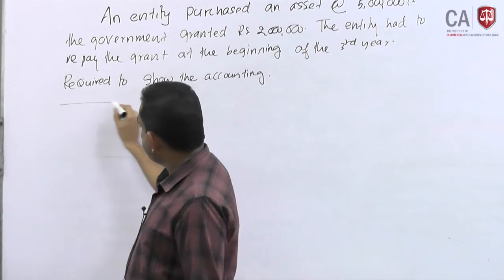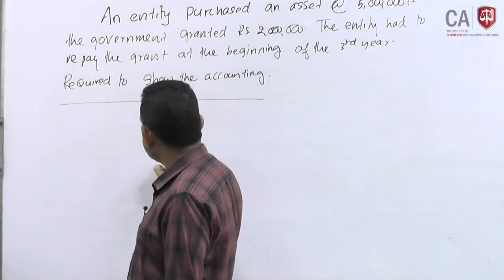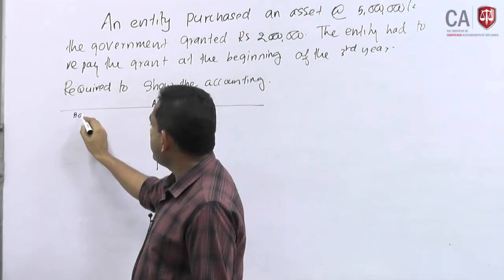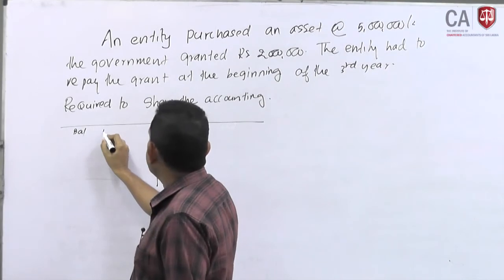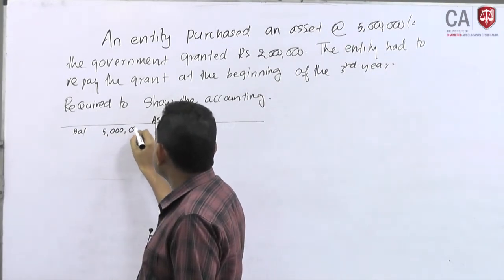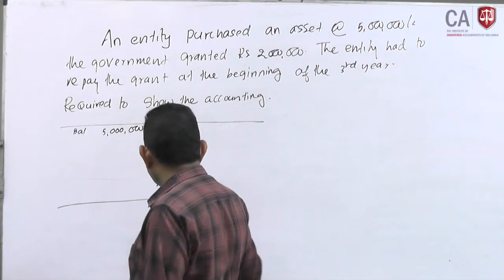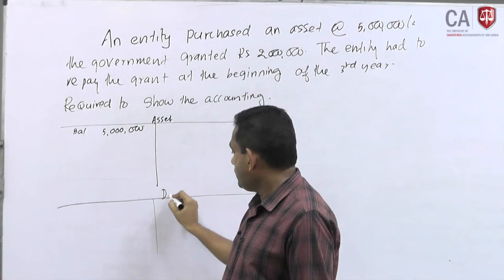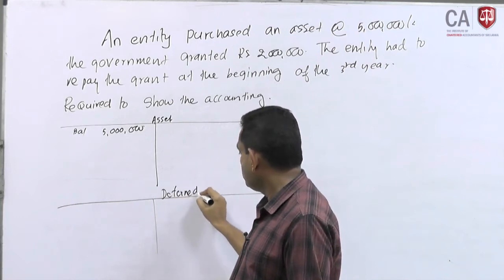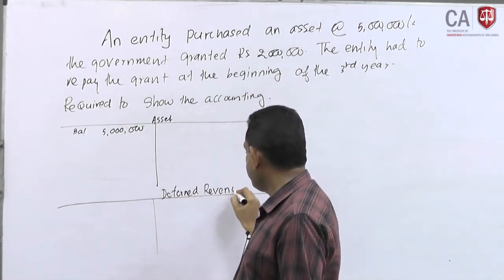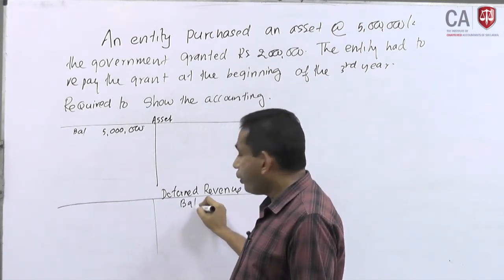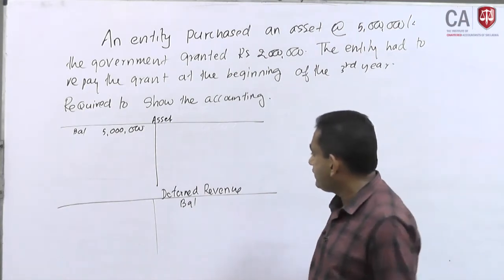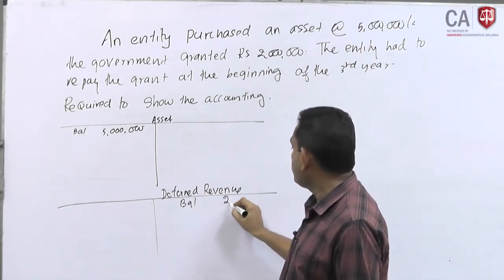If it is under the deferred revenue method, the asset balance by now, at the beginning of the third year, is 5 million. Let us forget about the depreciation figure, that is of no use here. Deferred revenue: originally, having received 2 million rupees, we would have debited cash and credited deferred revenue by 2 million.